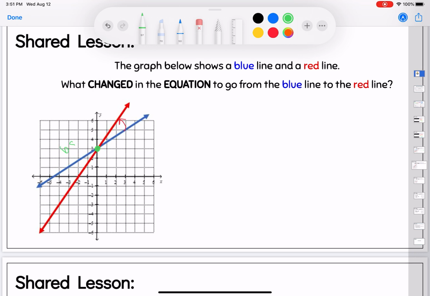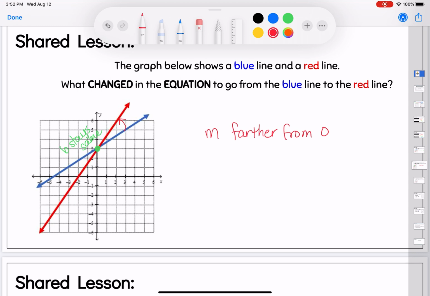So the b stays the same. The y-intercept has not changed, but I see that the red line is steeper than the blue line, right? So m has gotten farther from 0 than the blue. And that's all that we needed to get at.